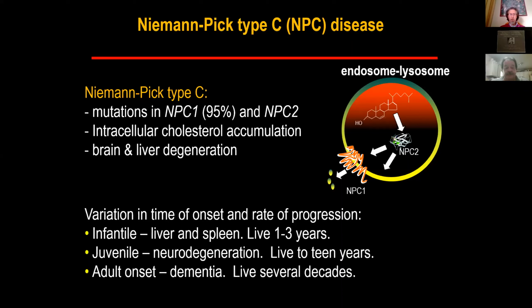And currently we are identifying an adult onset where patients live for several decades and they show dementia. So we've been lucky enough to have a mouse model of the disease, and this model really mimics the juvenile form. The animals live for about 11 weeks and they present with Purkinje cell death, hippocampus problems, etc.